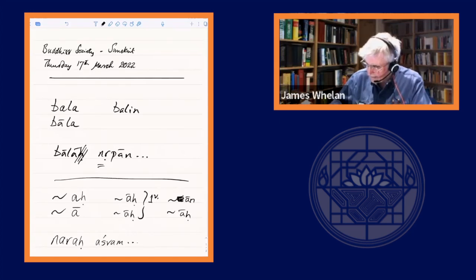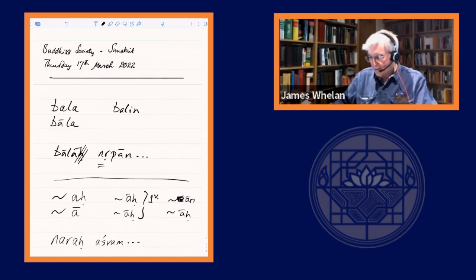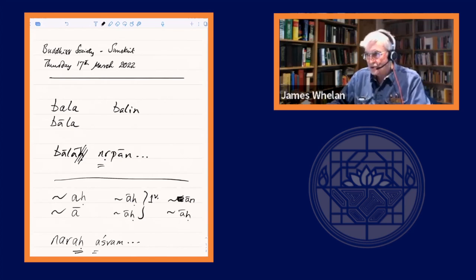Oh, okay. How would that change? Could I just ask you about the writing? Because that's what I'm most interested in. If you were putting that together, the Nara and the Ashvam, would that just become a long A after the Nara? If the word ends in an ah, as you can see on my iPad screen here, and the next one begins with a short ah, it merges into.